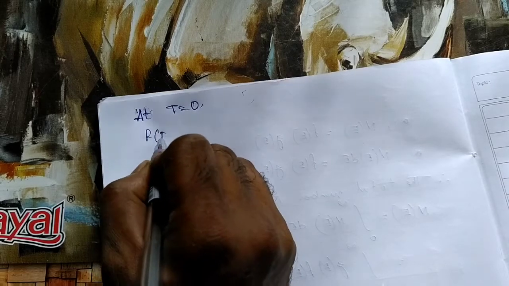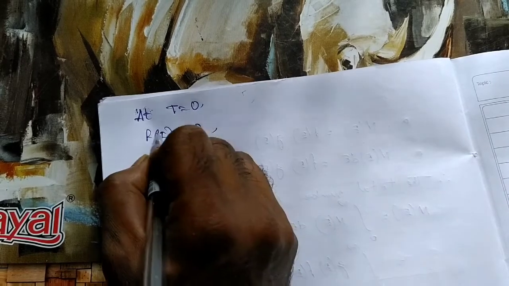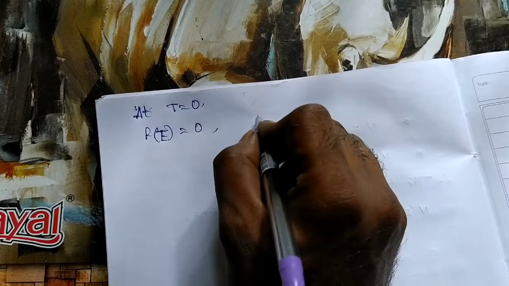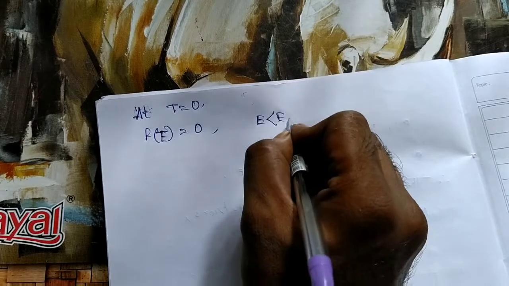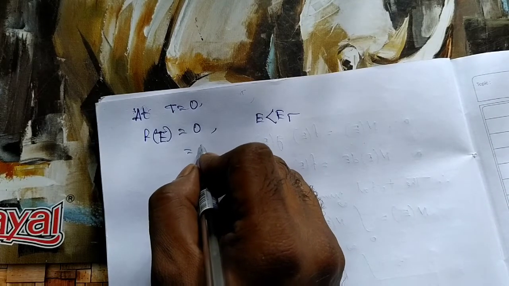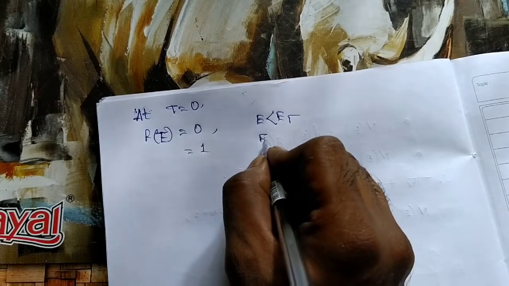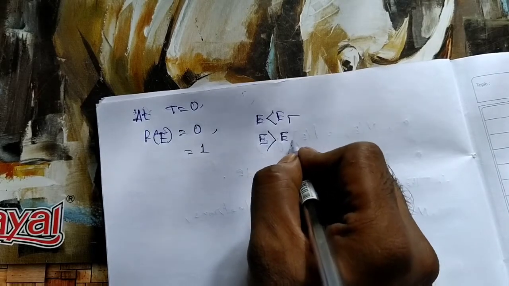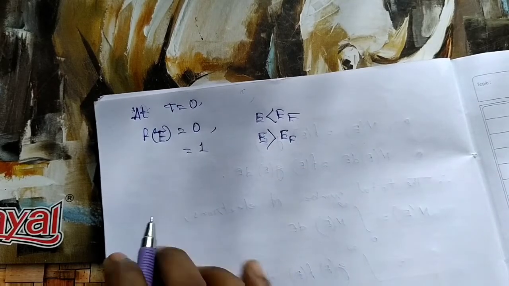F(E) becomes 0 when E is greater than EF, and it becomes 1 when E is less than EF.